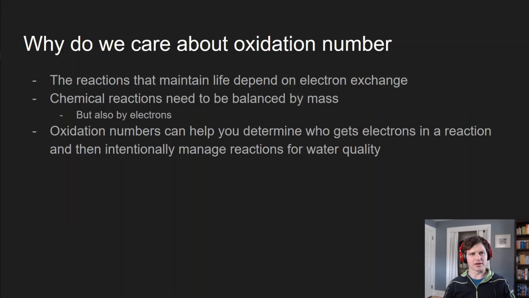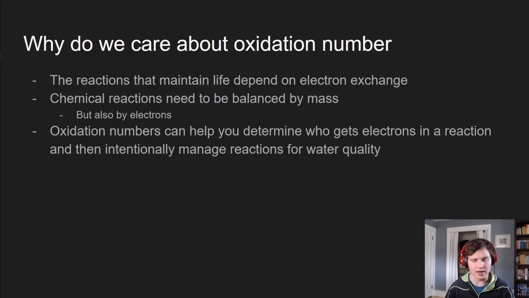So why do we care about oxidation number? Well, it's a way to think about which elements receive and give electrons, and it's these reactions that maintain life, and they depend on that electron exchange. We need to figure out who's gaining and losing electrons in order to understand these basic water quality reactions.